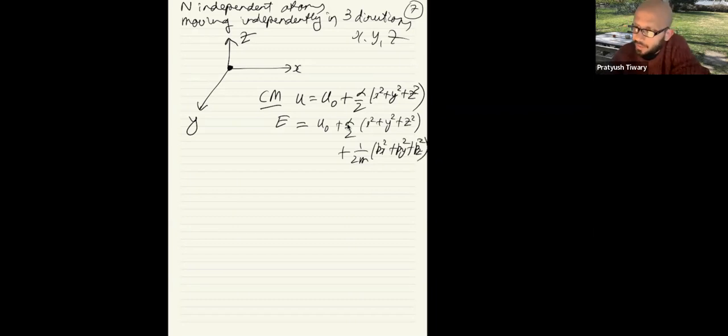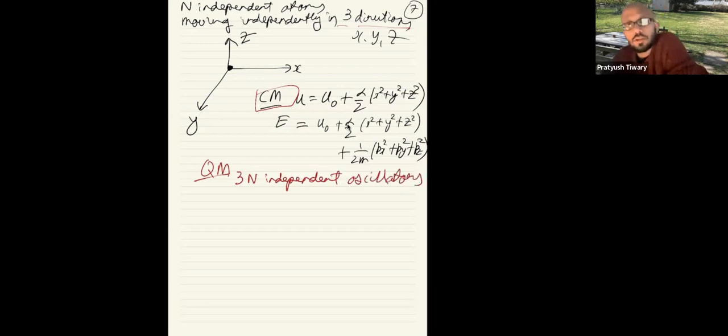In quantum mechanics, this total energy will be replaced by something different. So here we had n independent oscillators moving in three directions, right? So effectively you had 3n independent oscillators. Same in quantum mechanics, you're going to have 3n independent oscillators. Now we do not think about their potential energy and their kinetic energy separately.